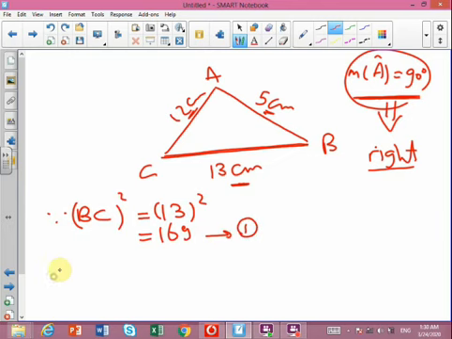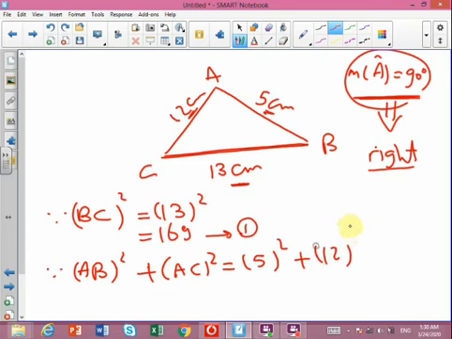Then the sum of the other two sides' squares, AB square plus AC square, equals 5 square plus 12 square, equals 25 plus 144, equals 169.